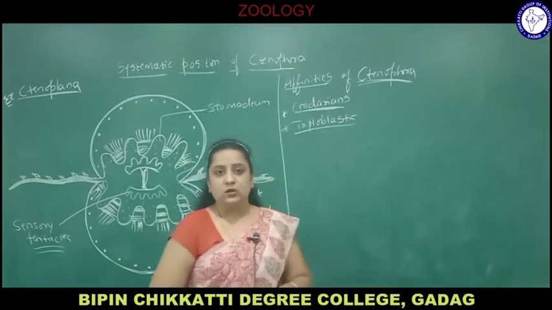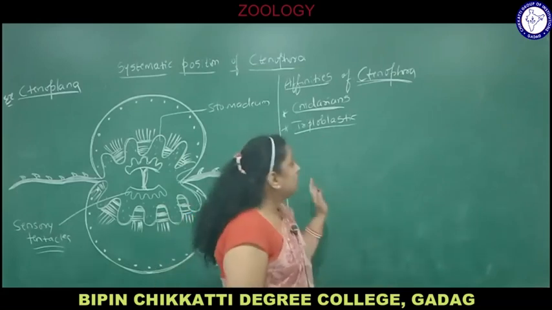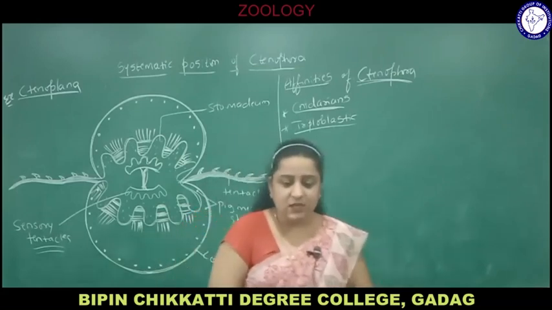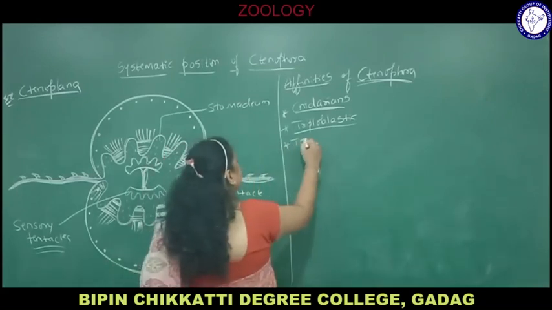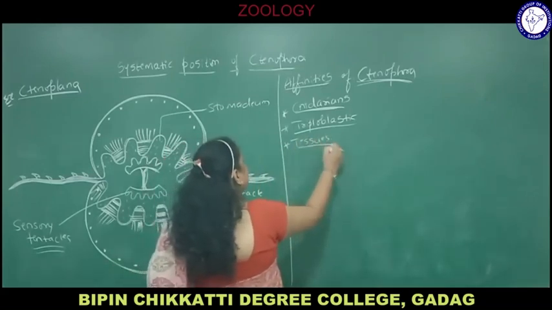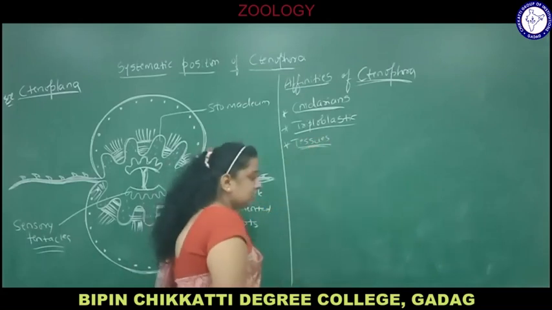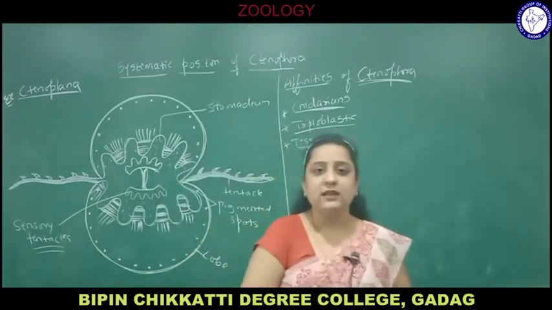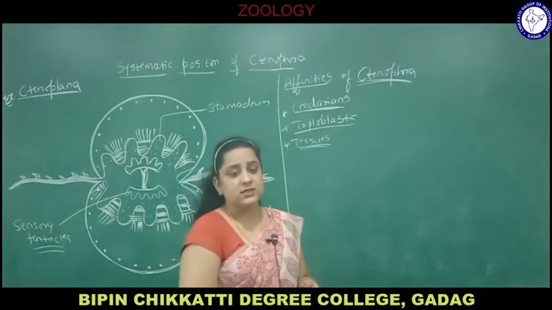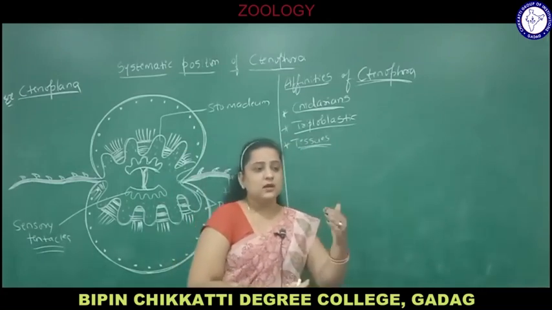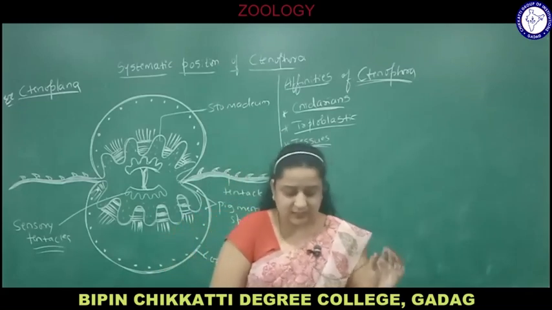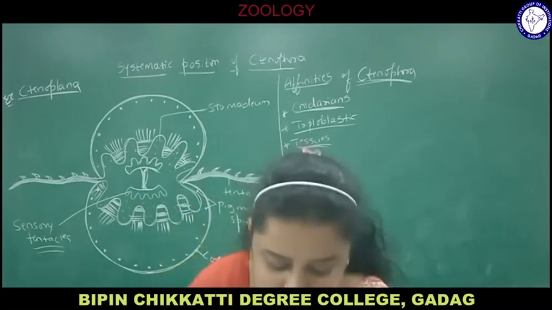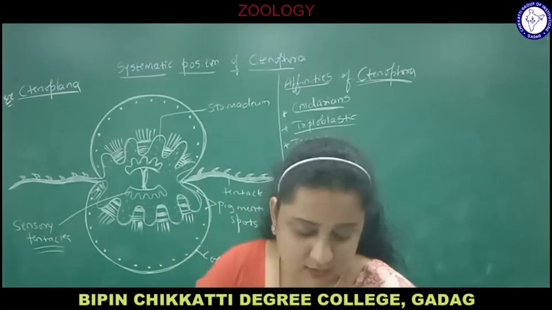If there are 3 germ layers, it is called triploblastic, with a tissue grade of organization. You know the different levels of organization: cellular level, tissue level, organ level, and organ system level give rise to organisms. Compared to previous phyla, where the organism had only a cellular level, we now see higher animals with tissue level and organ level.